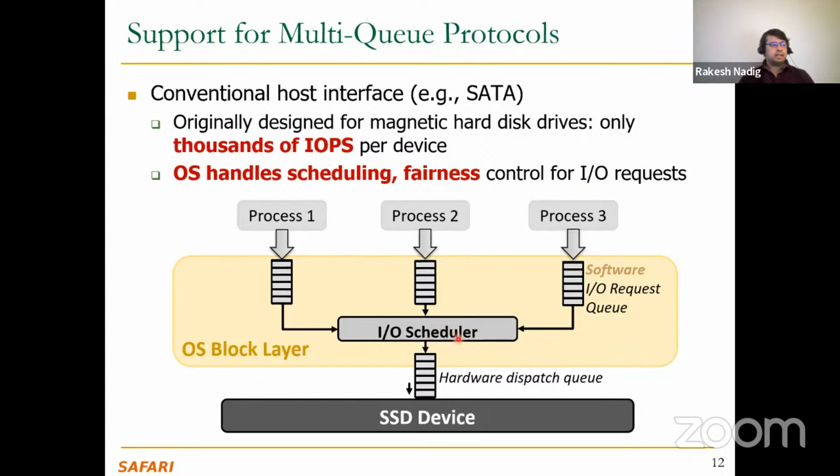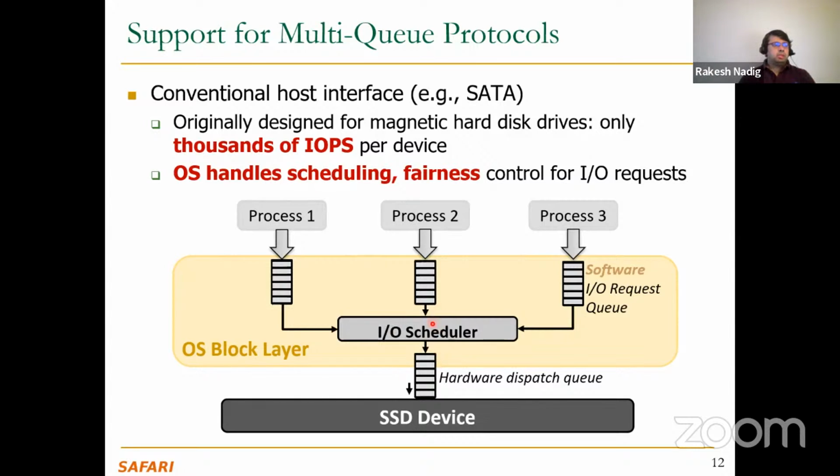The IO scheduler has to schedule these requests and send them to the device, and it also has to maintain fairness among all the IO requests. So the key responsibility is on the operating system here.